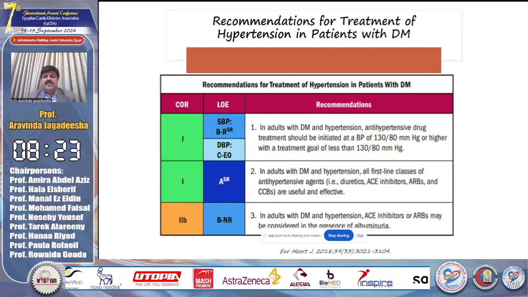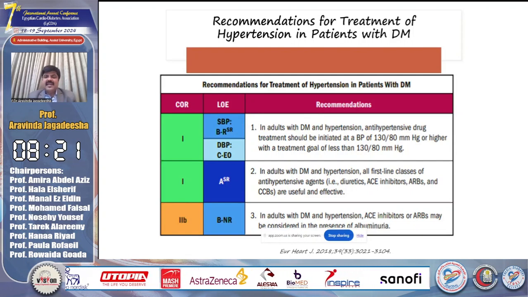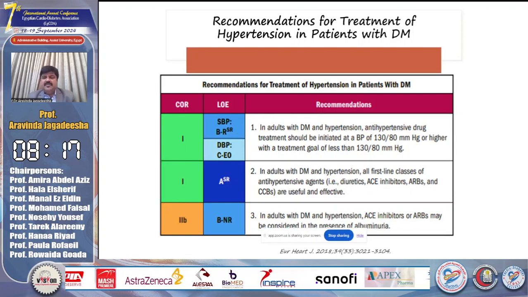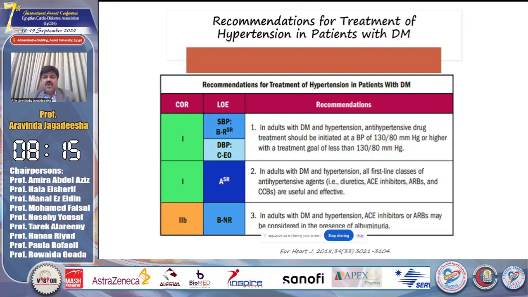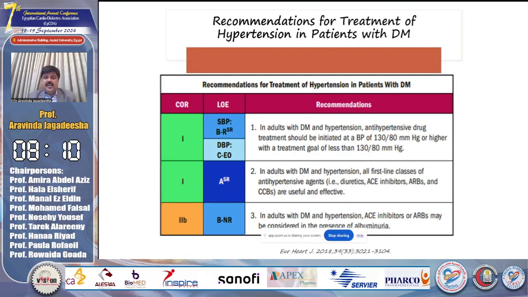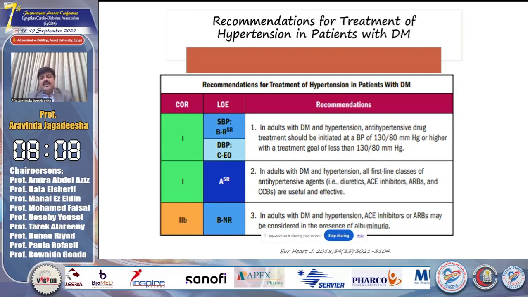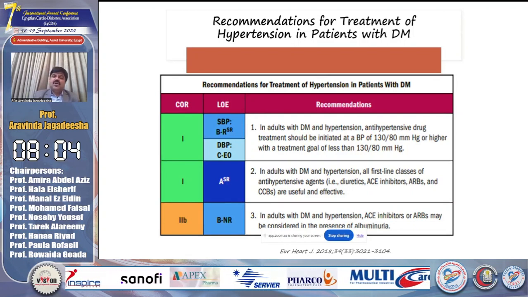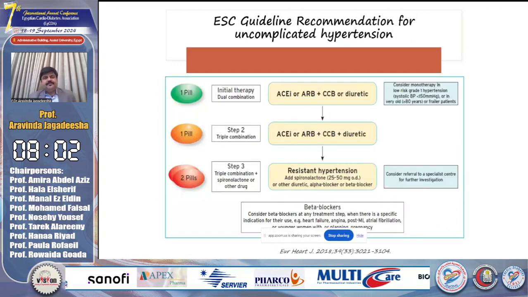In adults with diabetes and hypertension, all first line classes of antihypertensive agents, that is, diuretics, ACE inhibitors or ARBs, or CCBs, are useful and effective. ACE inhibitors or ARBs may be considered in the presence of albuminuria.